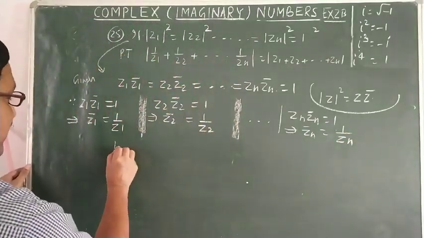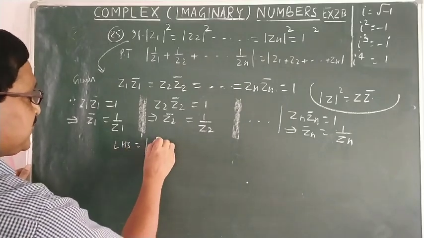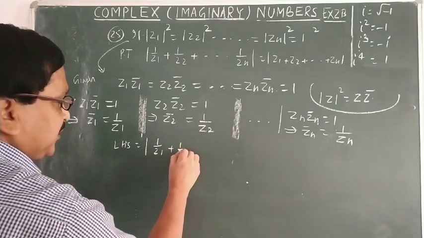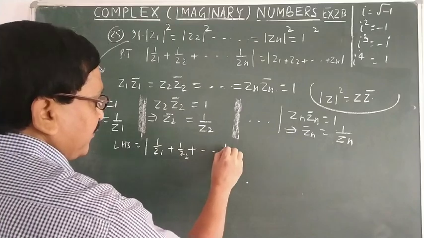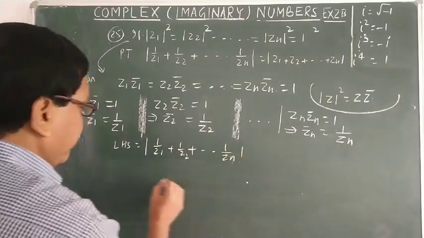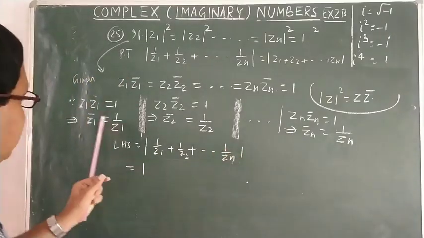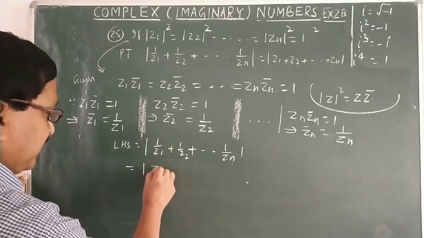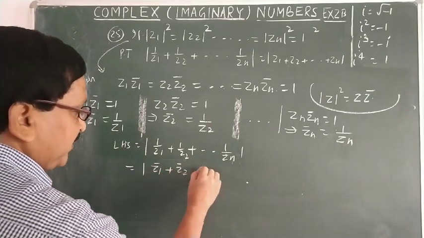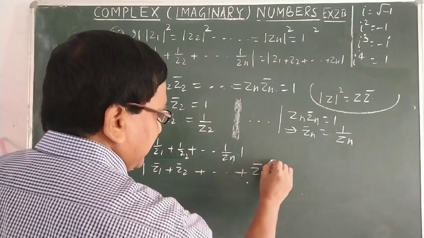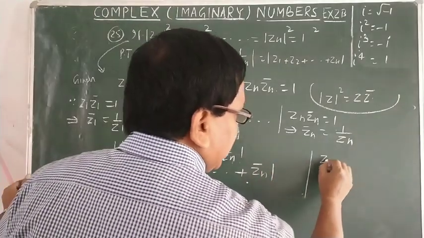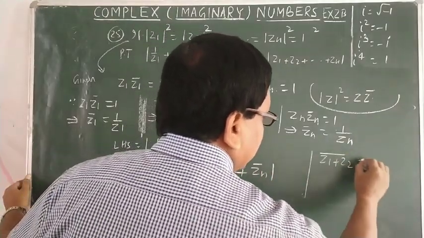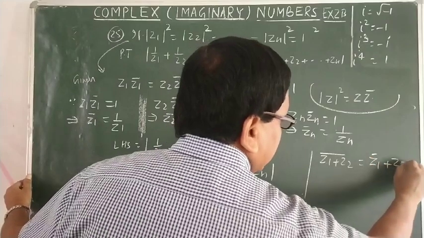Now starting from the LHS. LHS is 1/Z1 + 1/Z2 + ... + 1/Zn. Now put the values. 1/Z1 is Z1 bar, plus Z2 bar, plus Zn bar. Now I have taught the property that the conjugate of Z1 + Z2 is equal to Z1 bar plus Z2 bar.